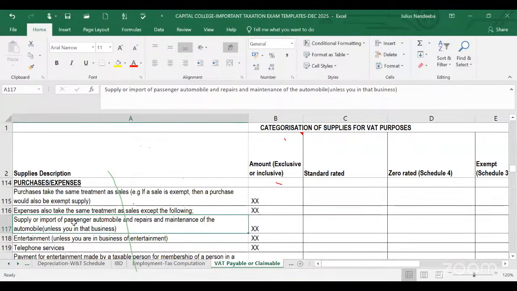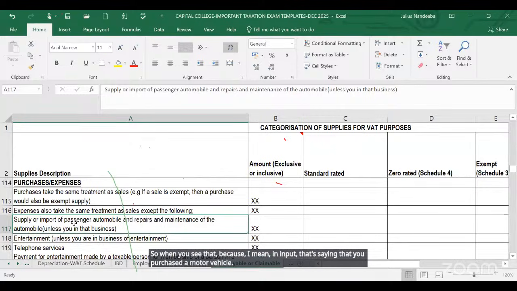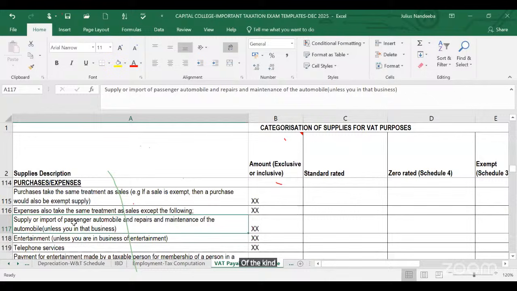So when you see the examiner in input tax saying that you purchased a motor vehicle of the kind that passengers sit in, irrespective of its name, whether staff van, whether minibus, whatever it is, you know that they are testing you on passenger automobile. And you will indicate to the examiner that this input tax is not claimable. Number two is on entertainment.